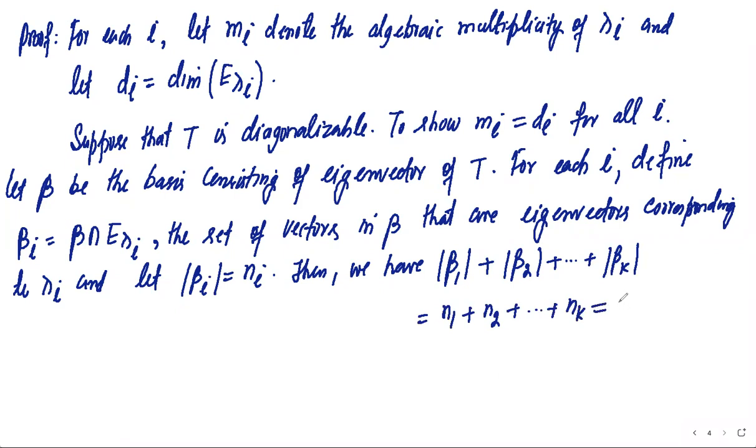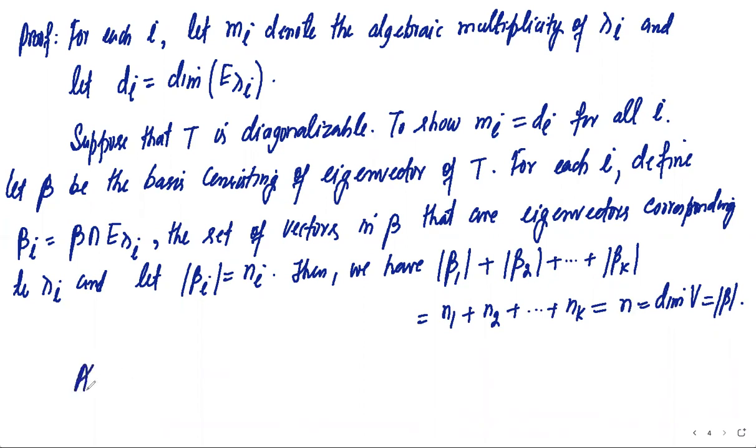In fact, this will be equal to n, where n is the dimension of the vector space V, which is actually the cardinality of the basis beta. Now beta is a basis and V is finite dimensional. Let its dimension be n. Beta_i has order n_i, so the sum of all these orders must be equal to n.